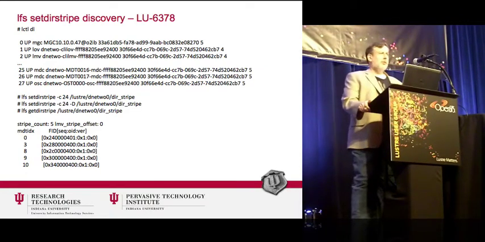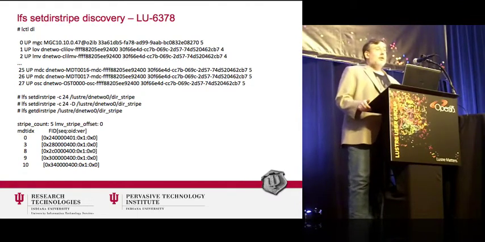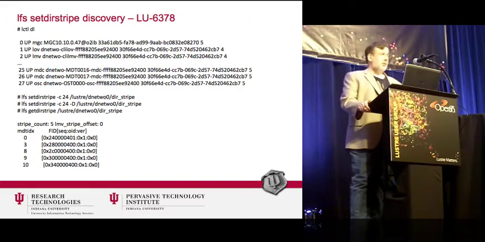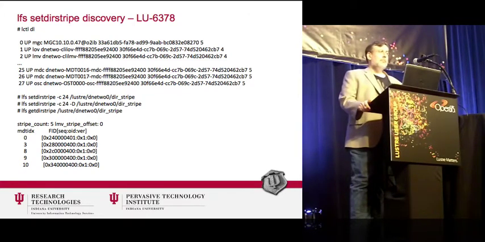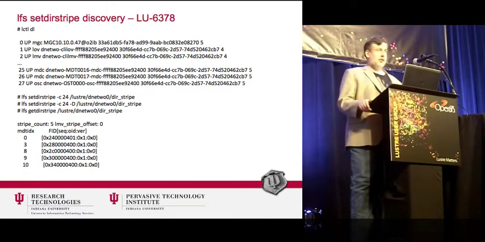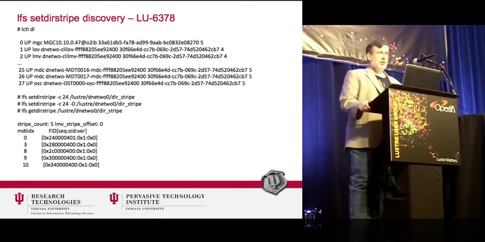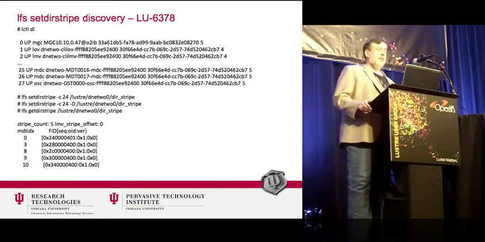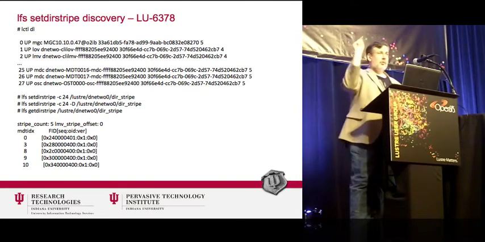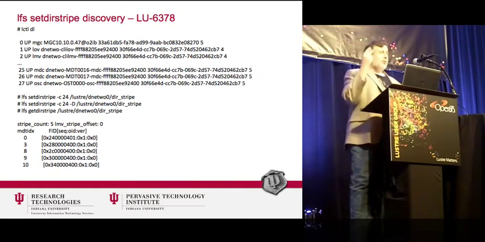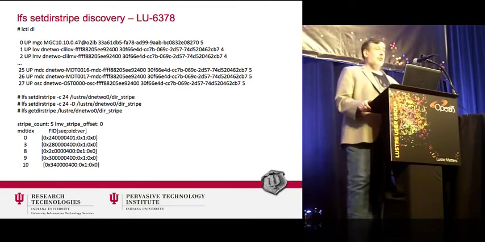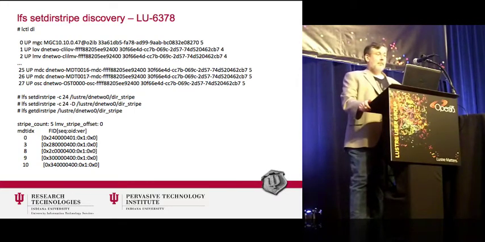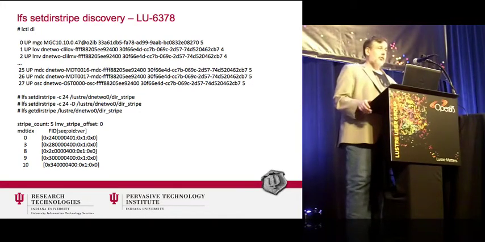So we were expecting 24, we got 5. And it's simply because there hadn't been enough time for the MDTs to come online. While we recognize that you might need a delay for this to happen, in my world, when you hit return and the prompt comes back and there's no error, then you'd like to believe that the action that you requested is complete. So that's resulted in a JIRA ticket as well.